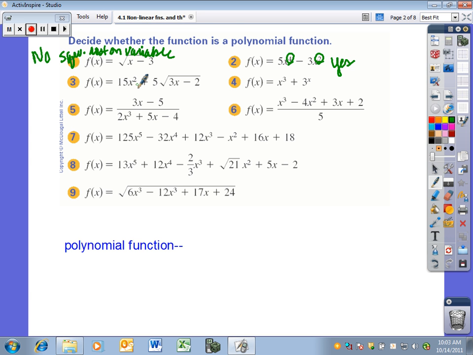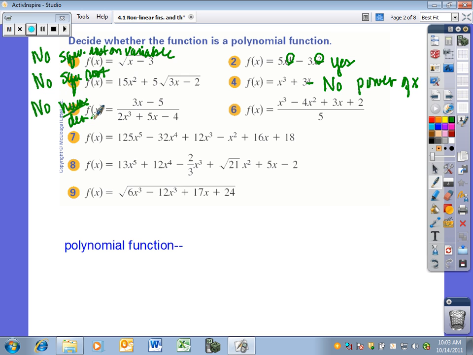Number 3, no. Again, the square root. Number 4, no, because the power here is x, and x I can pick to be any number. Number 5, no, because I have powers in the numerator and denominator.